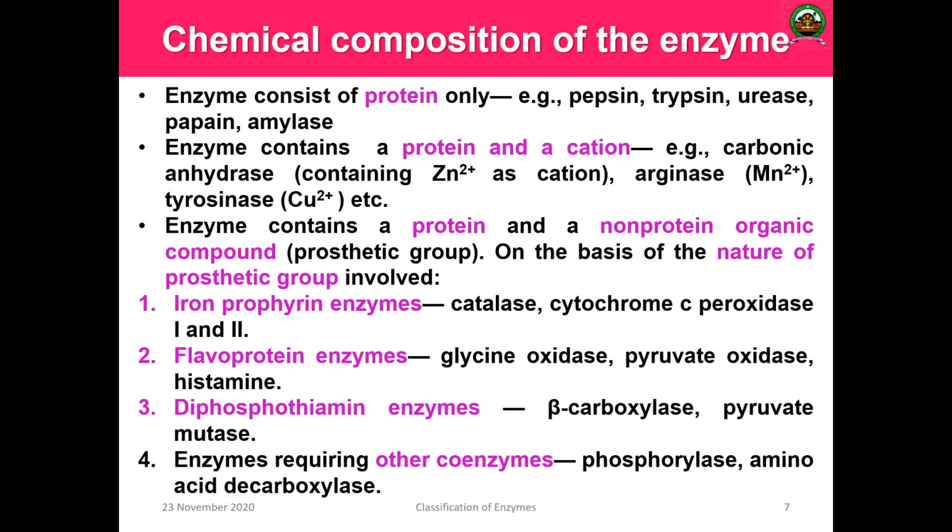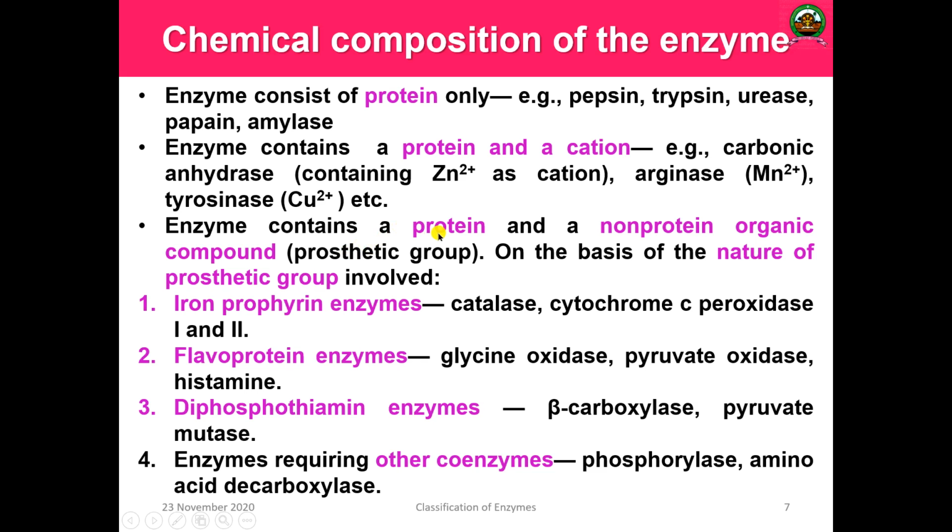Then there are enzymes that contain a protein and a cation. For example, carbonic anhydrase contains Zn2+ as the cation, arginase has Mn2+ as the cation, and tyrosinase has copper, Cu2+, as the cation. Then there are enzymes that contain a protein and a non-protein part.